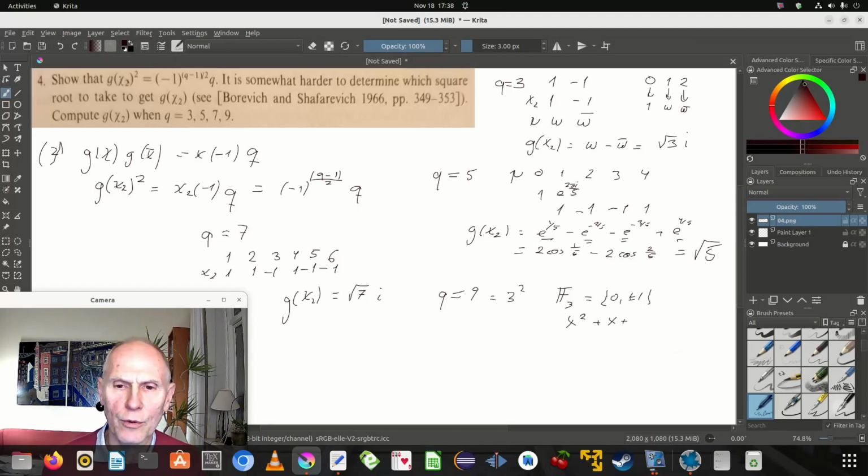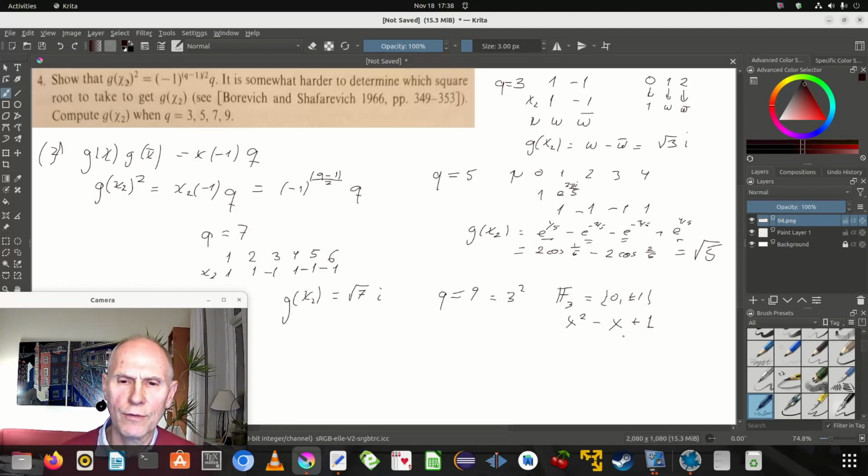Oh, that doesn't work. Wasn't it 2x plus 1 and 2x plus 2? Let's just say x squared minus x plus unity. That should give a generator. We should have 4 generators, I think.